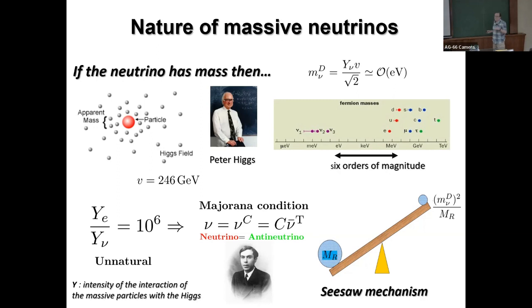With this proposal, you are able to propose a mass generation mechanism that can explain why you have very suppressed Yukawa coupling constants, or why you have a very suppressed neutrino mass. So this is the idea. The nature of the neutrino, Dirac or Majorana, is related with the generation of neutrino mass.